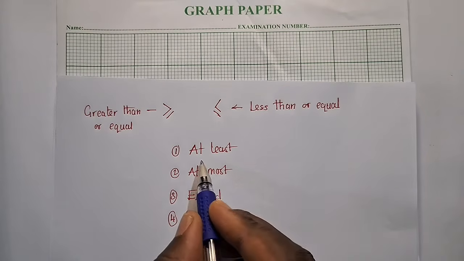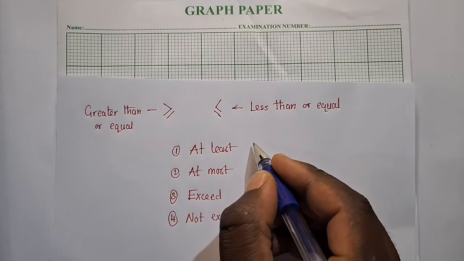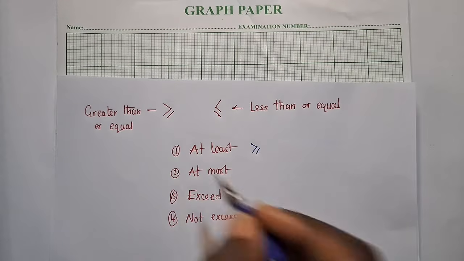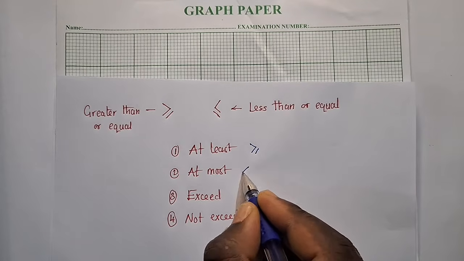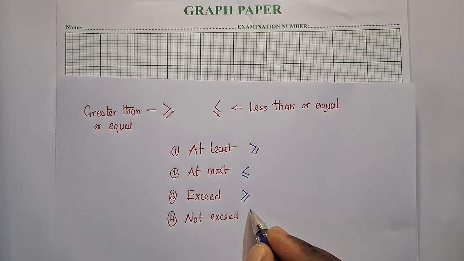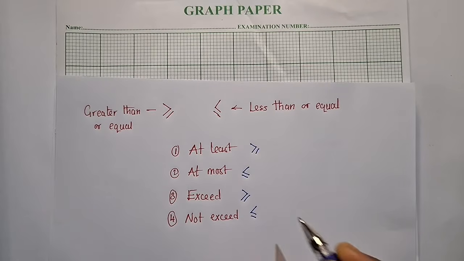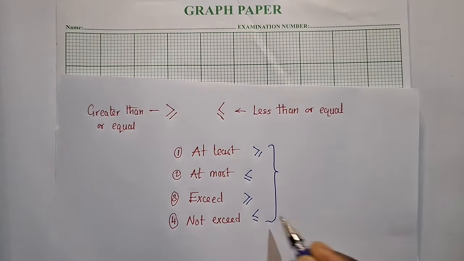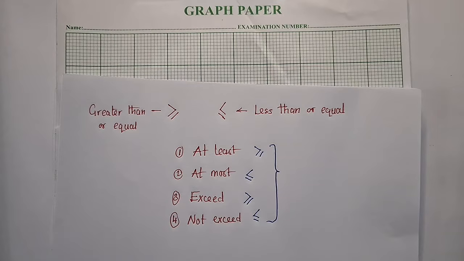So at least is greater than or equal to, and this one means less than or equal to. So if you are following nicely, you'll see that we only have two symbols we are using.